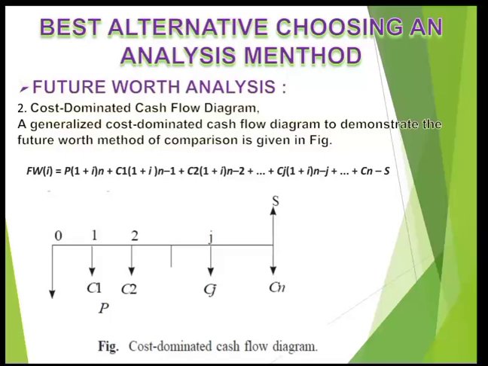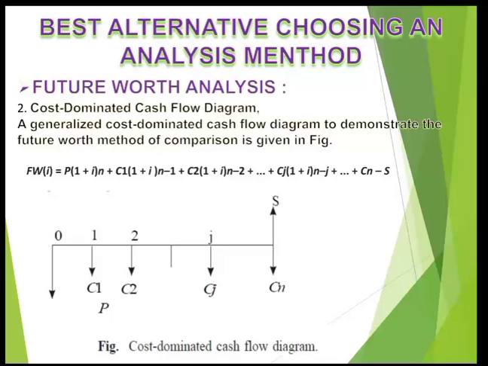This also is a one line diagram, with periods 0, 1, 2, up to j to n, costs C1, C2, Cj and Cn, and the capital P and capital S. In the cost dominated cash flow diagram, capital P represents an initial investment, Cj is the net cost of operation and maintenance at the end of the jth year, and capital S is a salvage value at the end of the nth year.